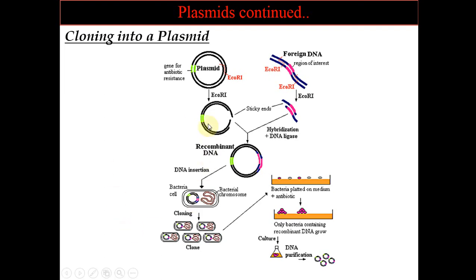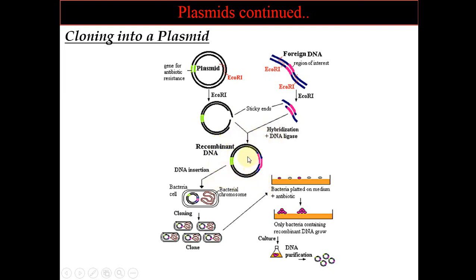cleavage site. Okay, then once the plasmid DNA and this gene of interest are cut, they have similar sticky ends, because they have been cut with the same restriction enzyme. So they are ligated together and this recombinant DNA is formed.